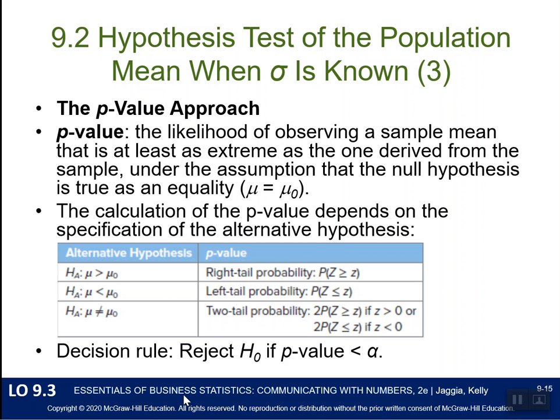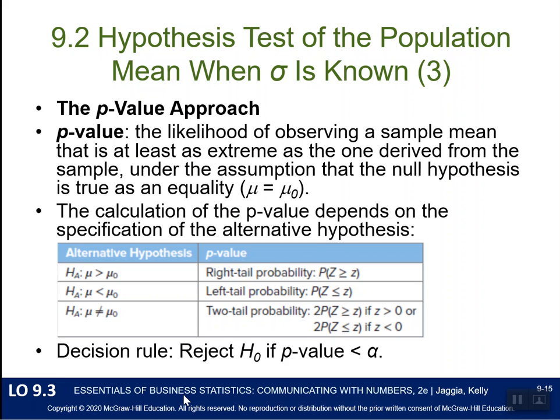So the decision rule is to reject the null hypothesis if the p-value is less than alpha, our significance level, and we don't reject the null if the p-value is greater than or equal to alpha. Really you should decide what alpha is before you start testing, so that we are not swayed by what the results show.